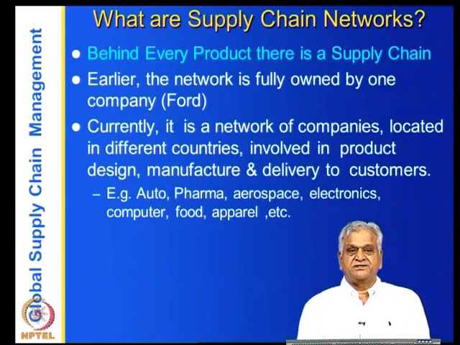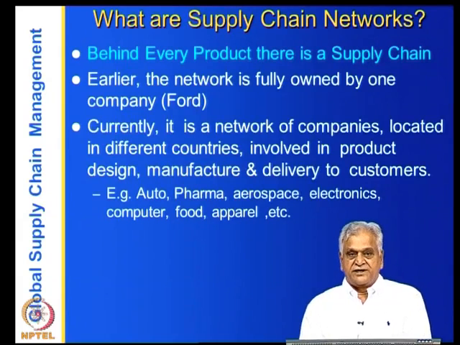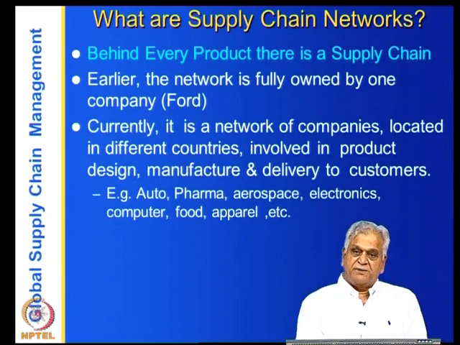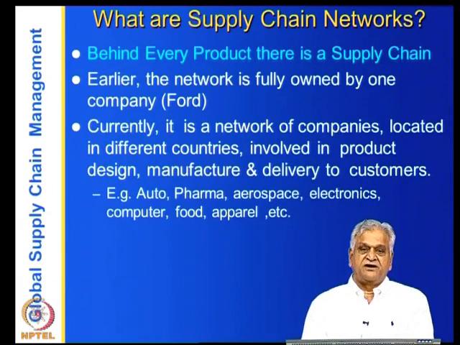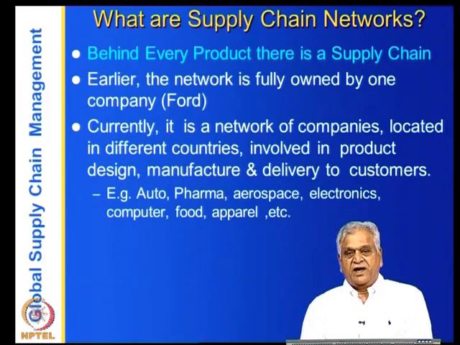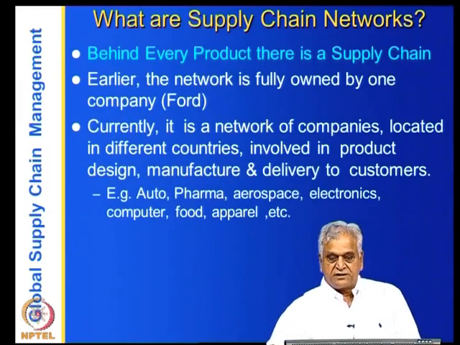Well, there are examples of networks of companies producing products and delivering to the customers. They include the auto industry, the pharmaceutical industry, aerospace, electronics, computers, food, apparel, etc. So any product that you have, there is a network of companies behind that particular product.